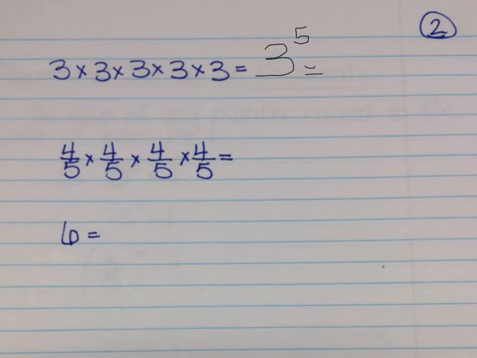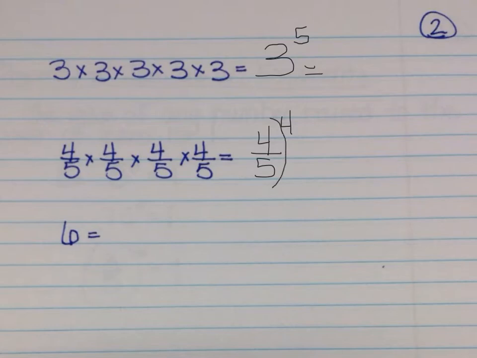So you choose the number that's being multiplied over and over again. That's the base. The little number, the exponent, is how many times it is. So for 4/5, the number that is the base is 4/5. However, it's a little different, because if I were to just write 4, what that shows is 4 to the power of 4 divided by 5. That's not what we want.